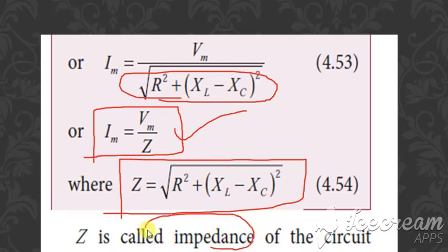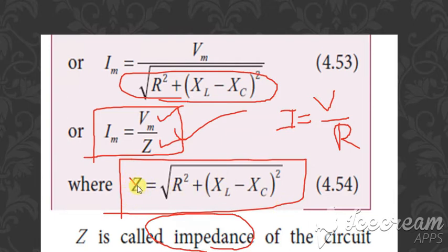What is the other thing for impedance? Impedance is more or less equal to the resistance, because I is equal to V by R, is it not? In the same way here we have Vm divided by Z, where R is the resistance and Z is the impedance.